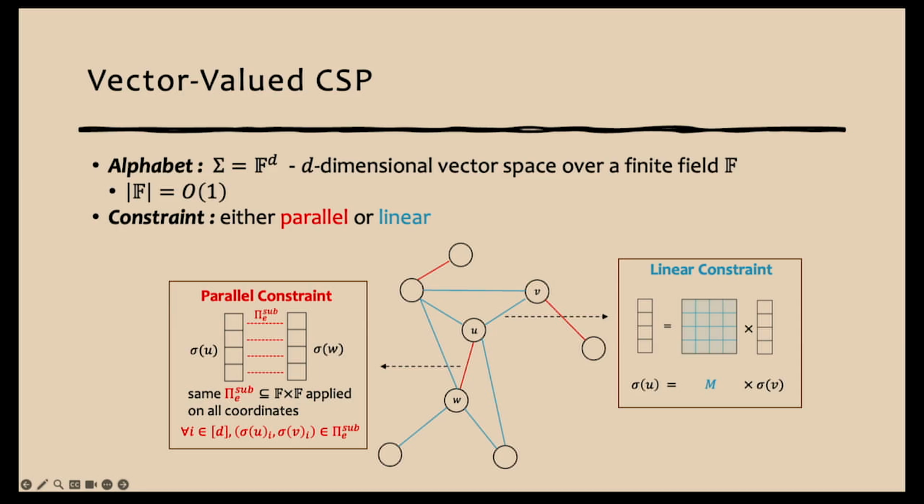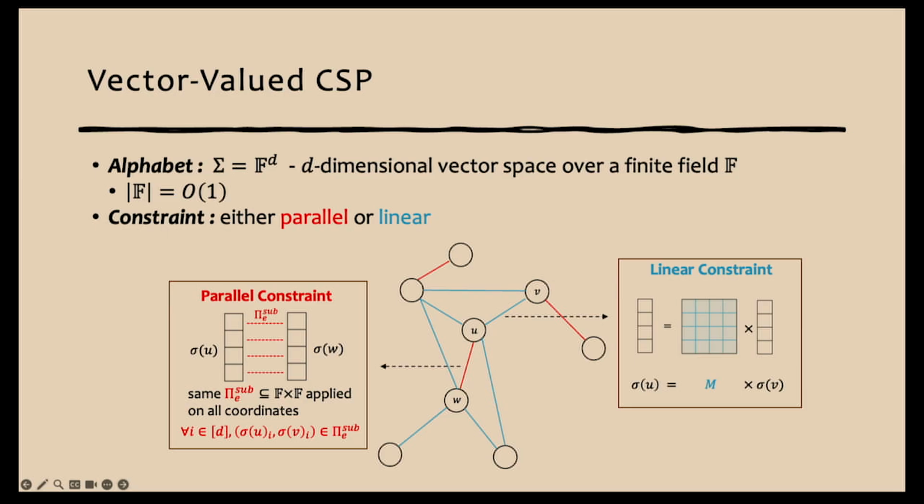Vector-valued CSP is a special parameterized 2CSP problem where the alphabet is F to the d. It is exactly the d-dimensional vector space over the finite field F. In our reduction, we use a constant-size F. And every constraint is either parallel or linear.